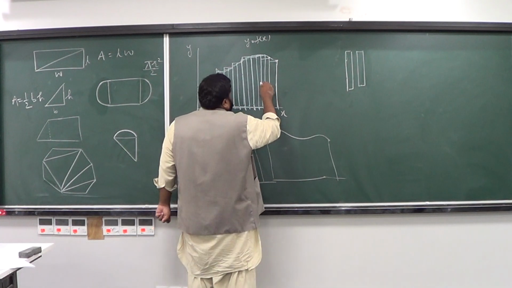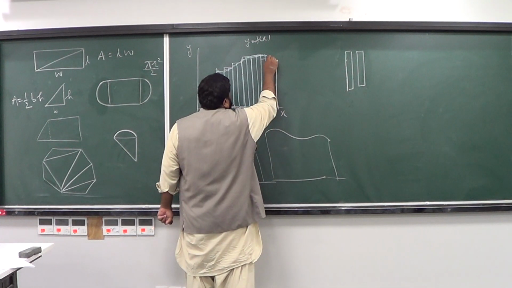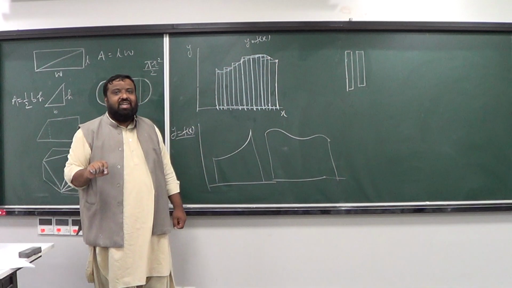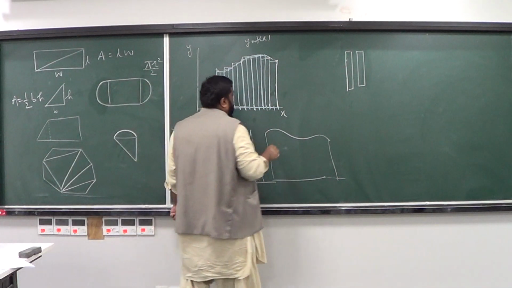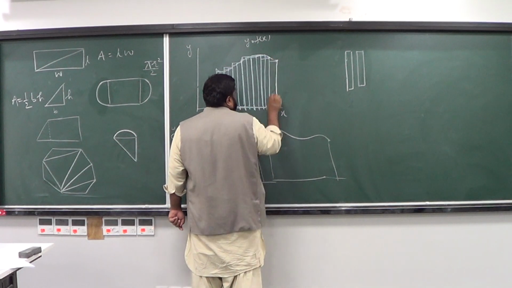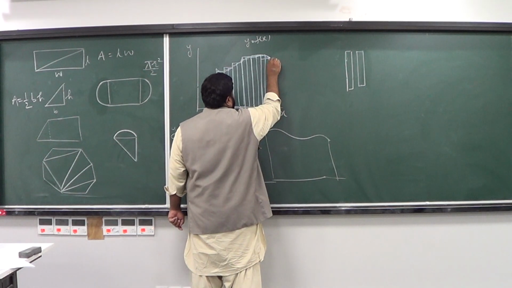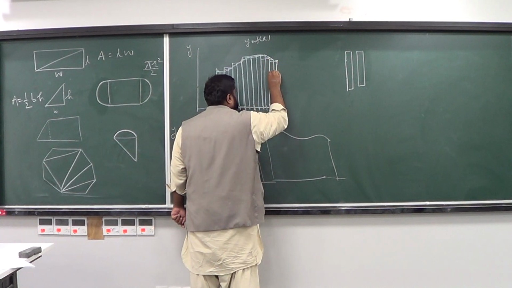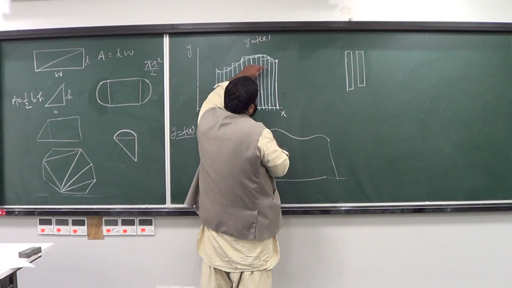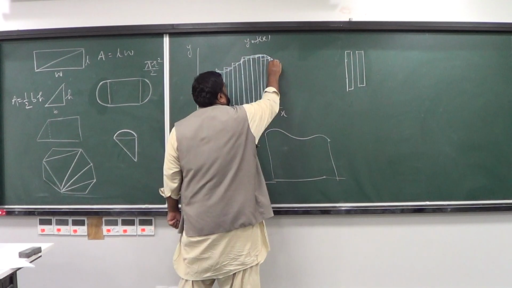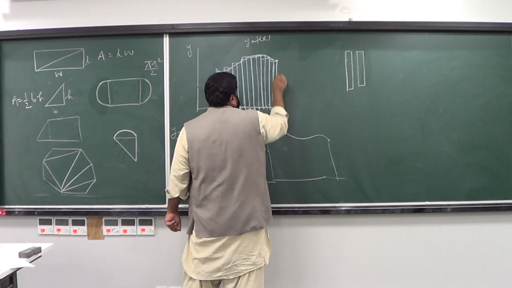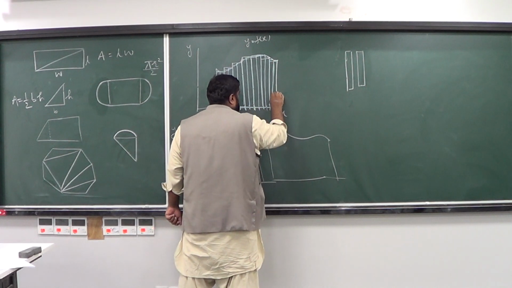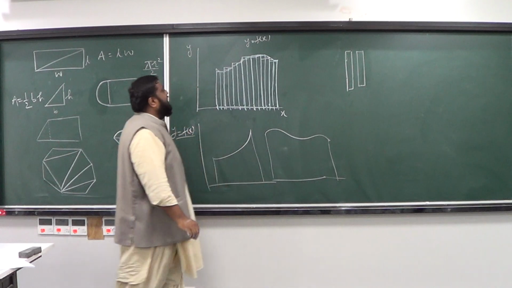Similarly, in this rectangle, if I take the right hand point, it's a pretty small area that has been left. I can take the right hand point and create a rectangle, and you can see really a tiny part remains. Similarly I can take a right hand point and get this area.